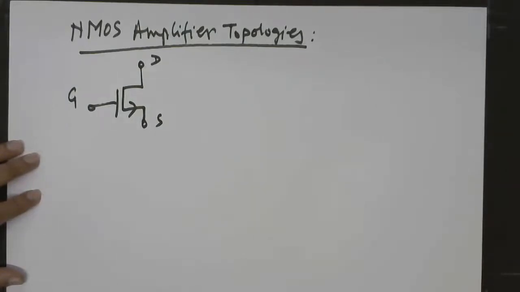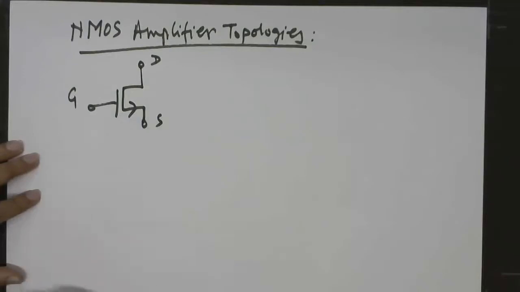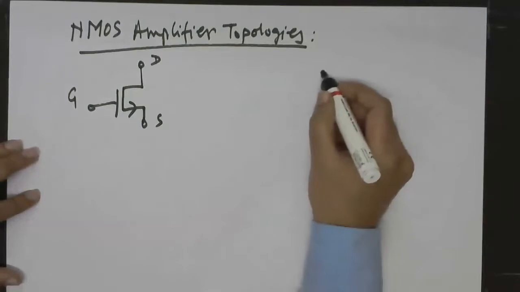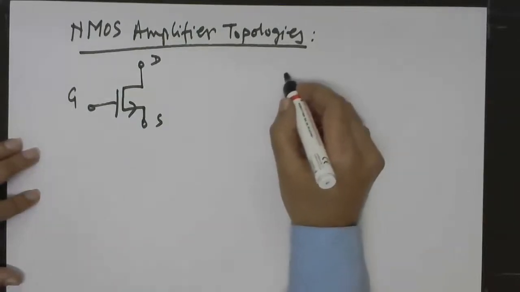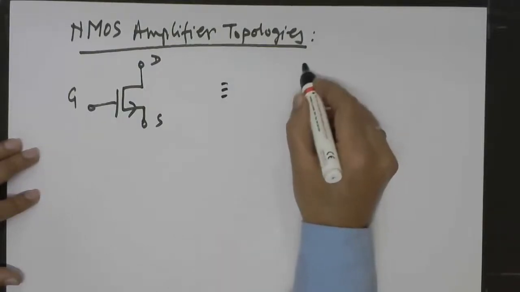Here we see that NMOS is basically a three terminal or three node device. But when we use this as an amplifier, we will have to convert it into a two node device if the reference is ground, otherwise a pair of two nodes. So this will be used either in this way.